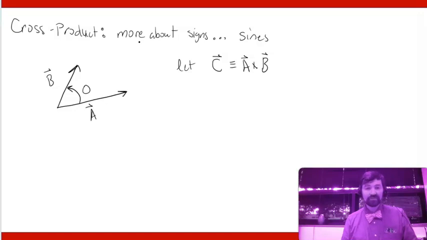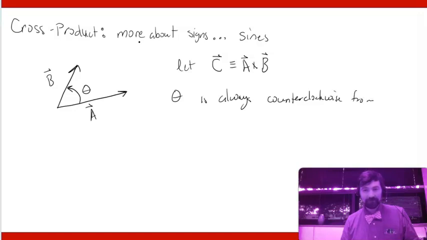Then our angle theta is always counterclockwise from A to B. So I start from A and I go counterclockwise, that's theta.